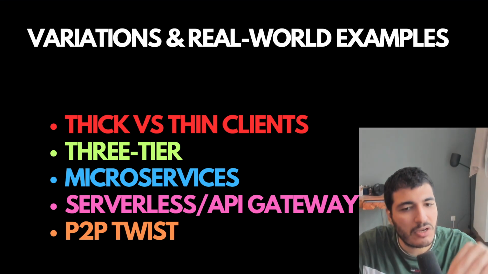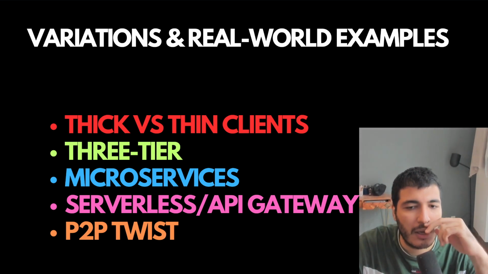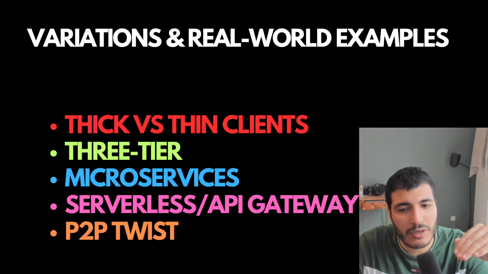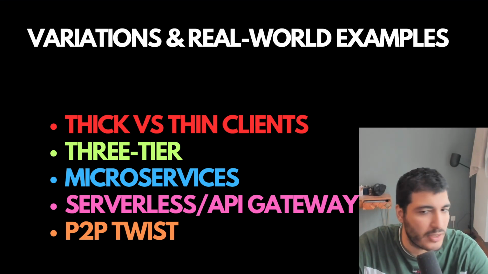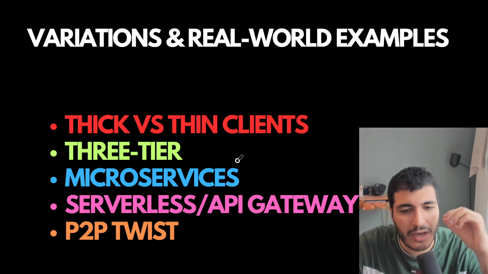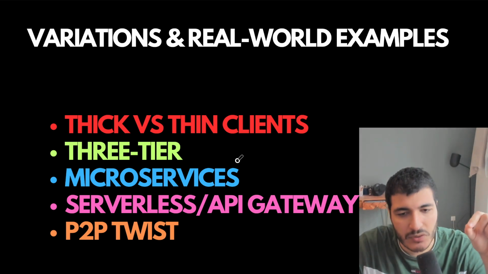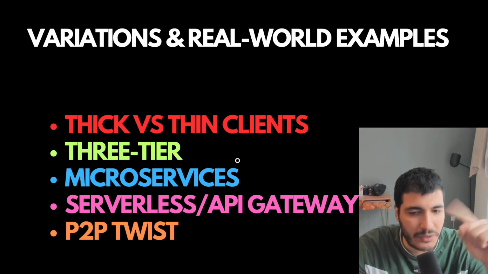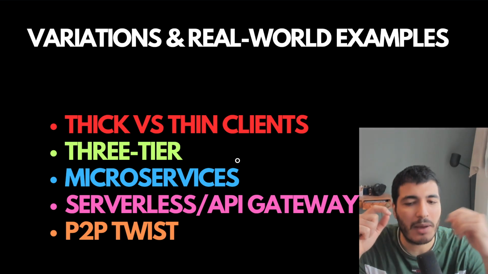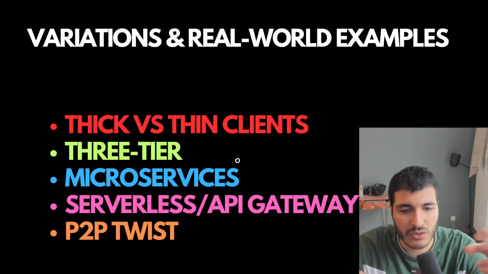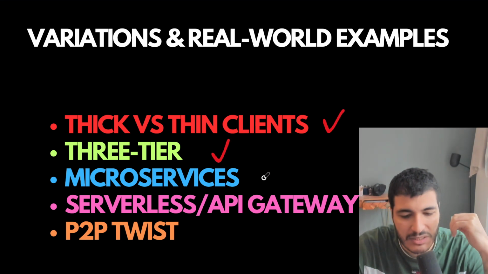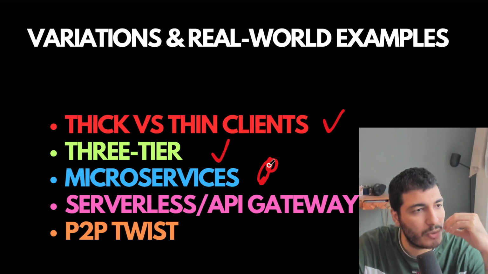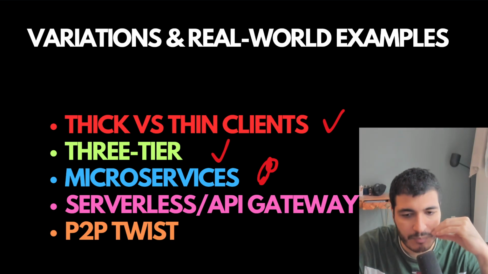There is also serverless or API gateway, where the clients talk to a gateway using Lambda functions and stuff like that. And lastly, we have a P2P twist. This is peer-to-peer, where even peer-to-peer apps often bootstrap via a discovery server. Maybe in the future we might talk about each one of them, specifically microservices, because you will use them heavily in your system design interview.